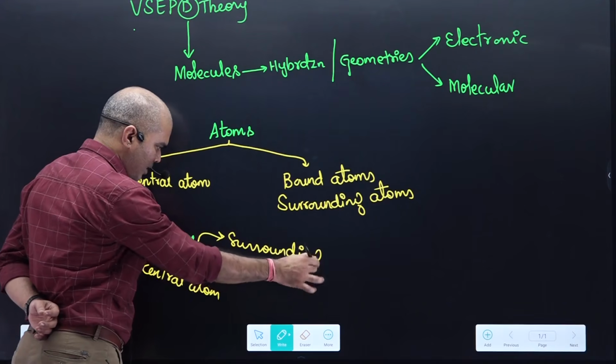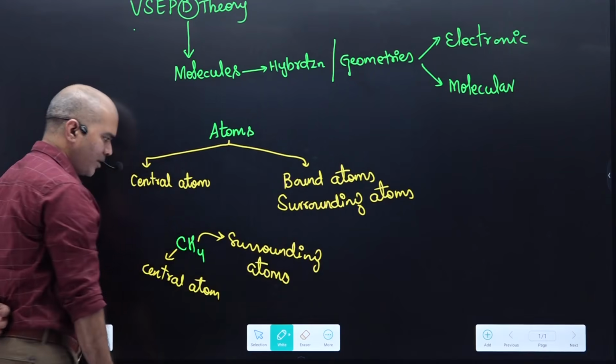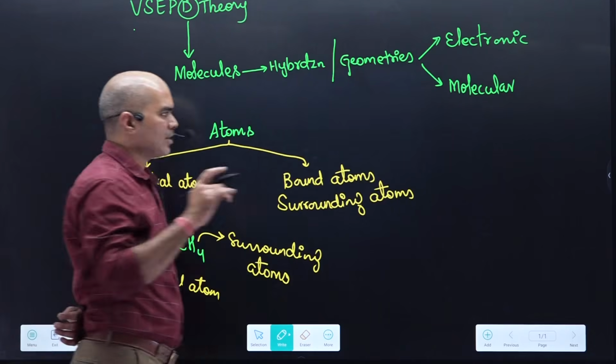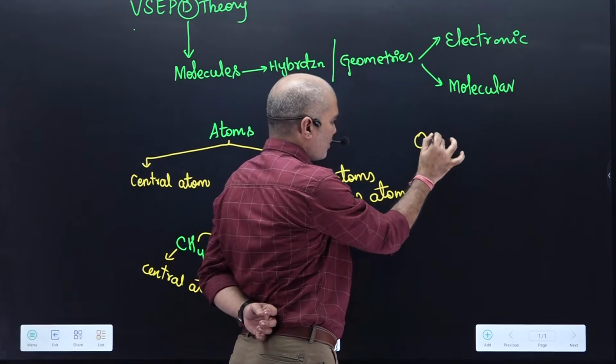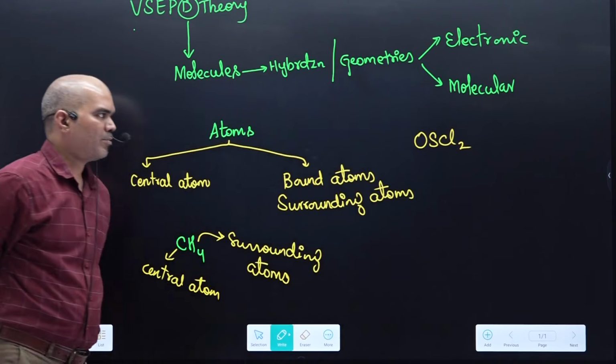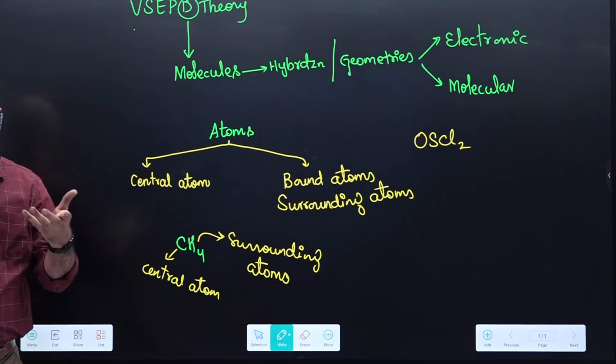Or if I take PCl5, which is the central atom in PCl5? Phosphorus. That you have to identify from your basics. Suppose I take OSCl2, which is the central atom, oxygen, sulfur or chlorine? Sulfur, that you have to identify from your basics.